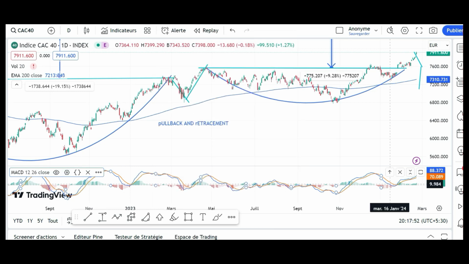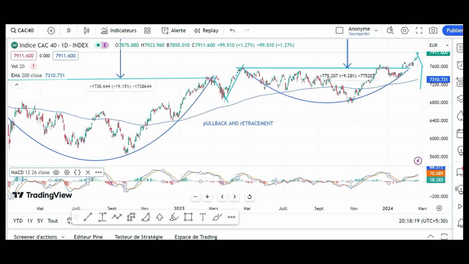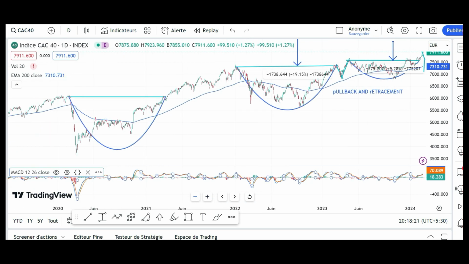Now, what happens if this blue line has already crossed over the signal line and is running above the zero line, with both of them at the top of it, and it matches the same trend which the price action is following? We can say that there is not much divergence in both the indicators, and it looks like the stock market will follow an uptrend for some time.